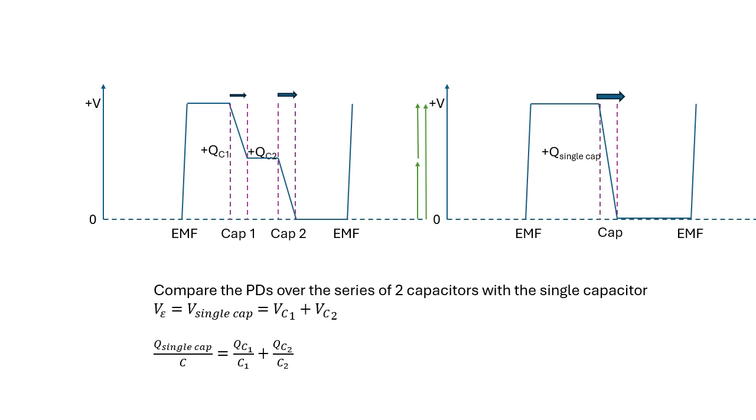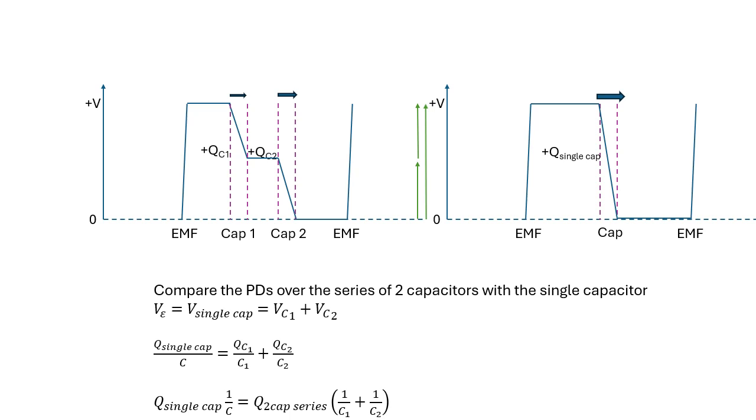So let's call that Q for the two capacitor series, and we factor it out. So we rewrite the equation as the charge on a single capacitor times 1 over capacitance is equal to the charge on the two capacitor series times 1 over capacitance 1 plus 1 over capacitance 2.